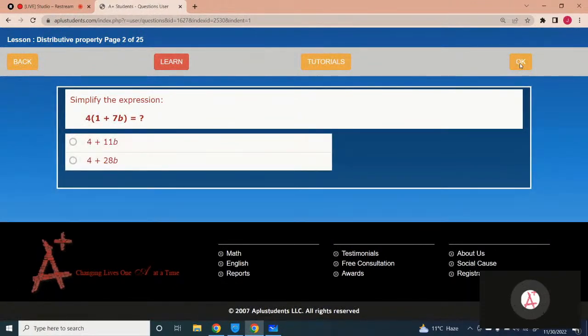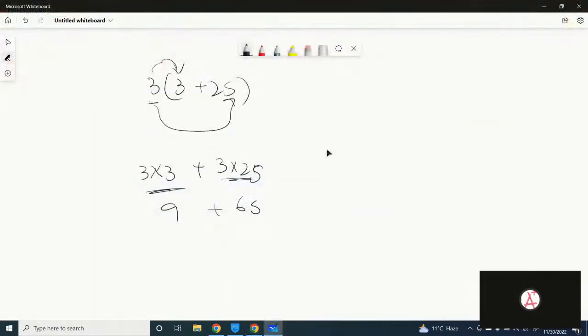The next one is 4 times 1 plus 7b. So you have to multiply the 4 with both the numbers inside the bracket. You have to do 4 times 1, then this plus sign, and then 4 times 7b.